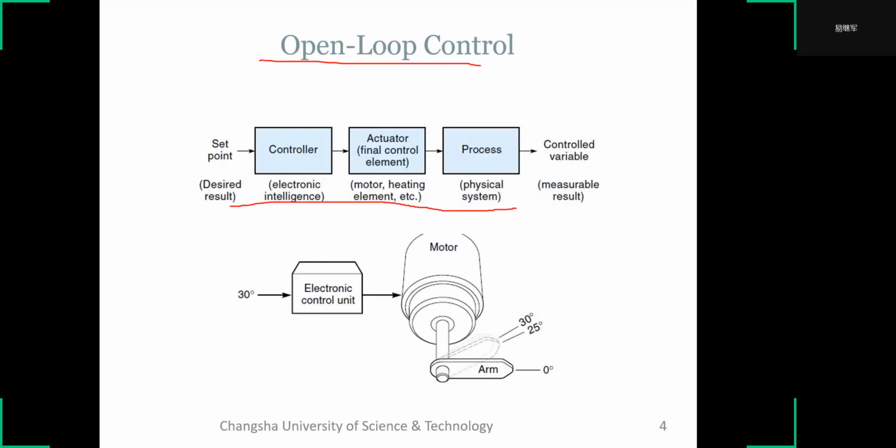Set points go to the controller, and the controller gives a signal to the actuator. The actuator drives the process to finish the movement, and the controlled variable is the end of the control.